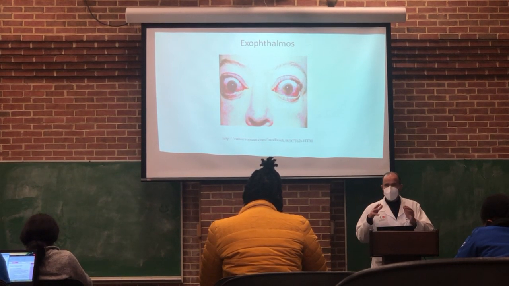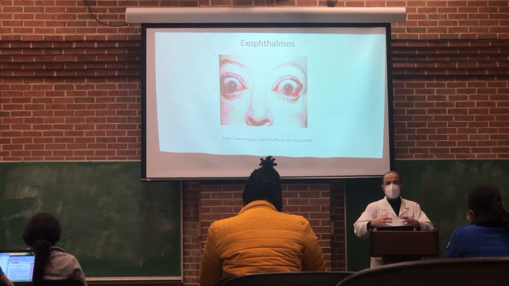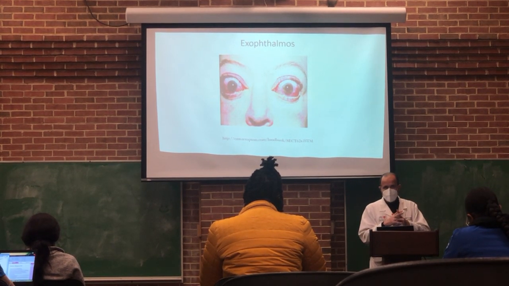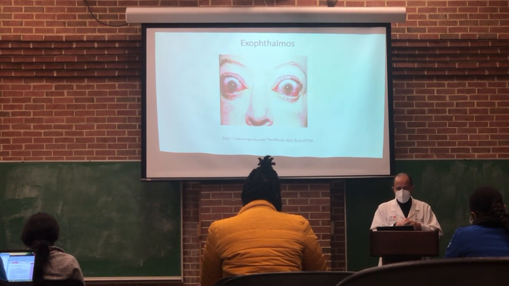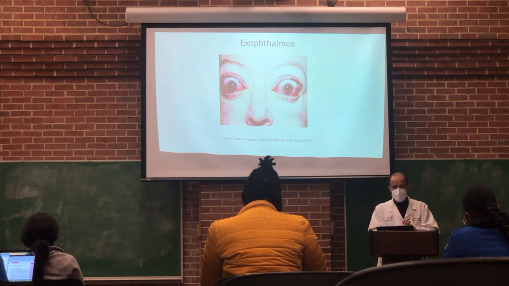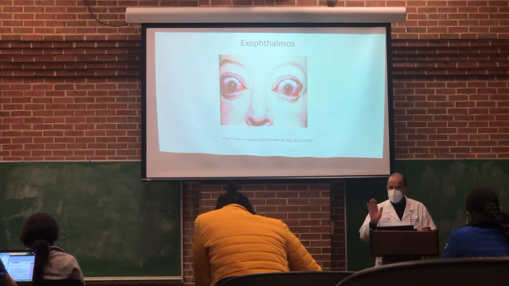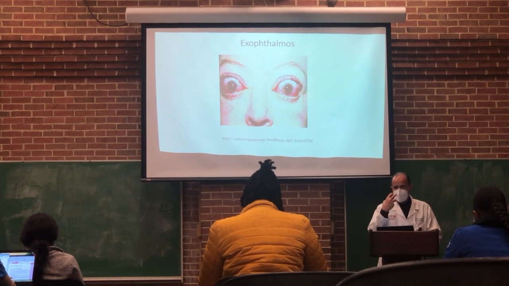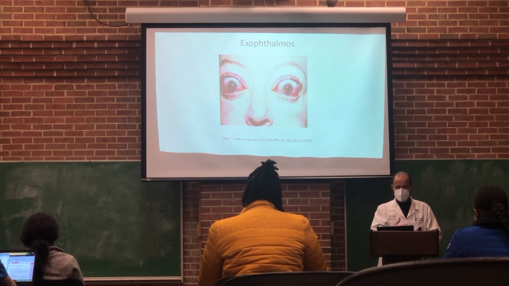These lymphocytes infiltrate the back of the eye. There will be deposition of certain types of proteins, called glycosaminoglycan or hyaluronic acid, along with retention of fluid, and that will push the eye forward. That's why the eye will be bulging. That is the exophthalmos.